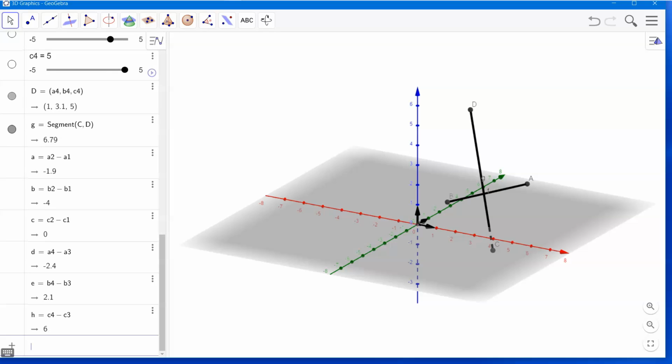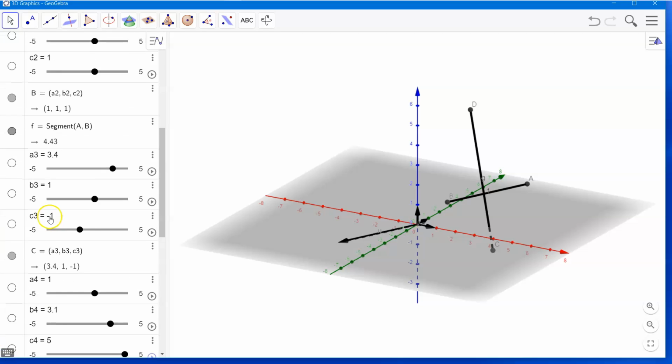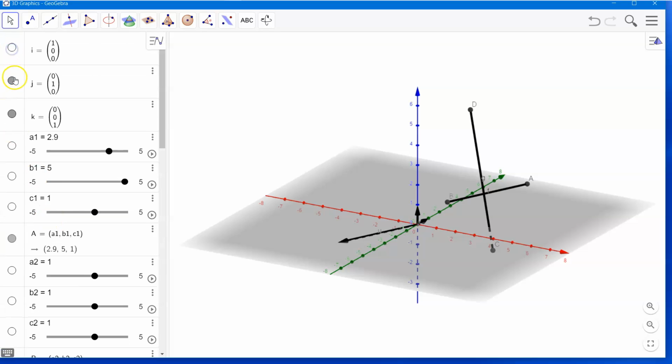Now let's treat them as vectors. So a2 minus a1, that is a times the unit vector i, plus b times j, plus c times k. And these unit vectors, we don't really need to show on the diagram, so I'll just hide them.